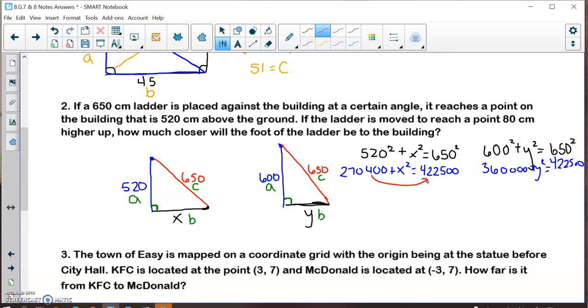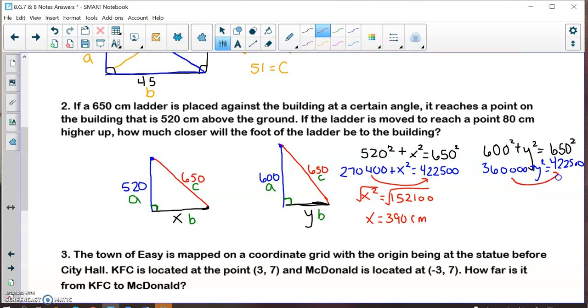All right, subtracting the 270,400 from 422,500, I get that x squared is equal to 152,100, and taking the square root of both sides, I would wind up with x being 390 centimeters.